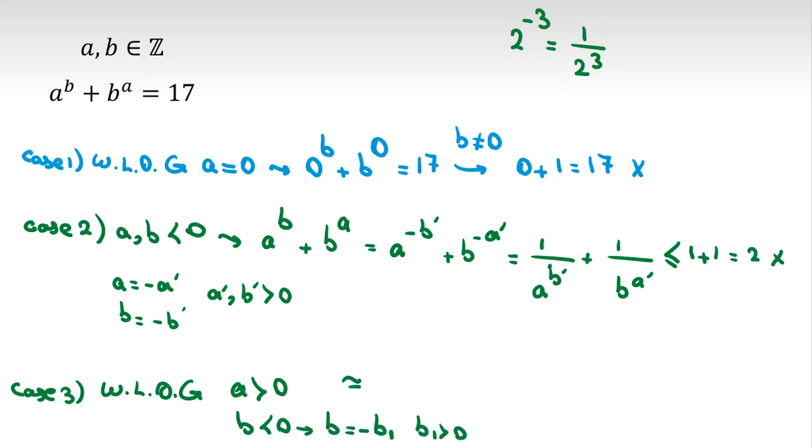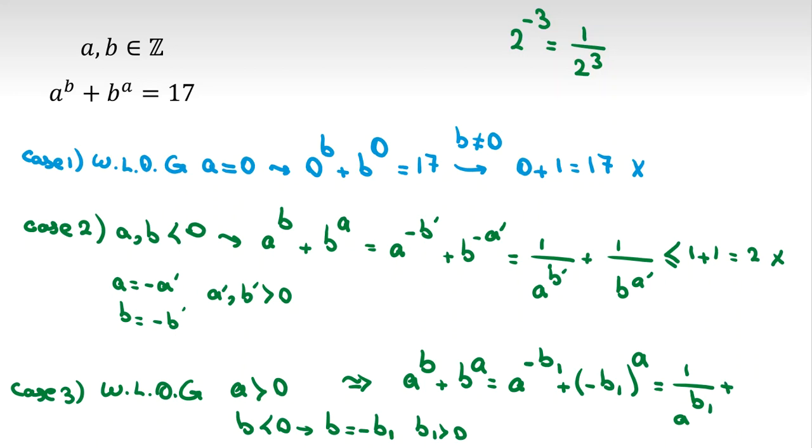So A to the B plus B to the A equals A to the negative B1 plus negative B1 to the power of A, which is 1 over A to the B1 plus negative B1 to the power of A, equal to 17.